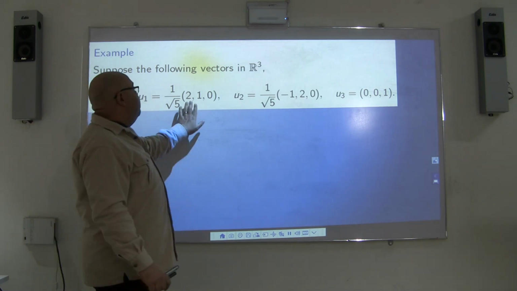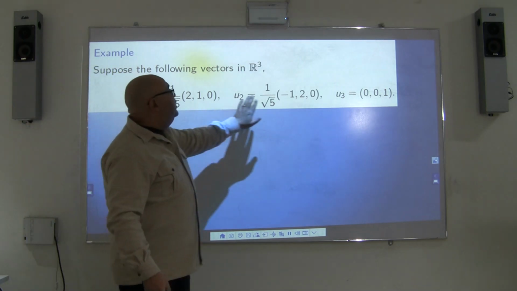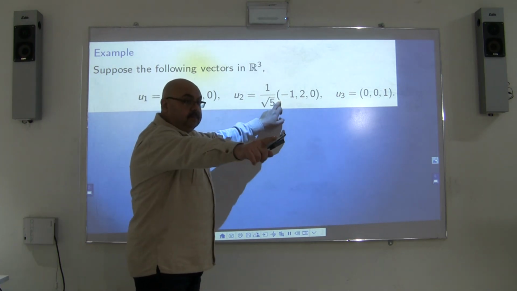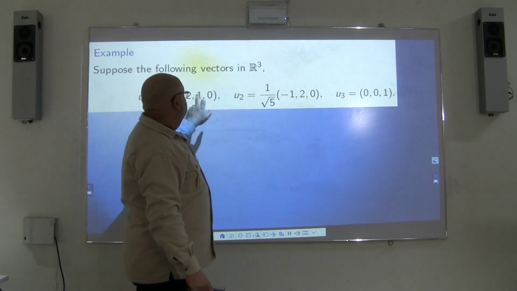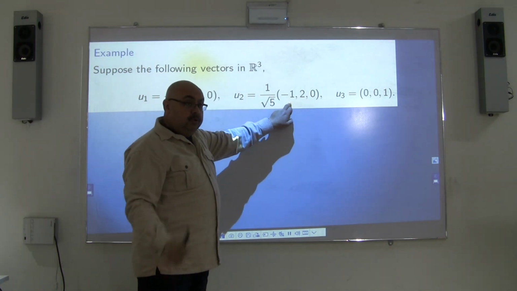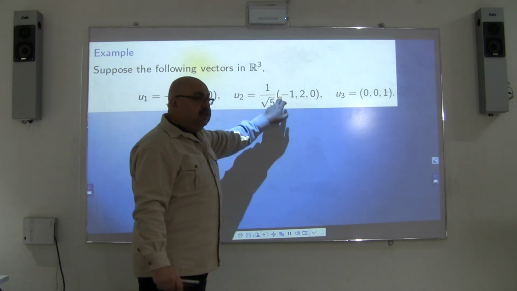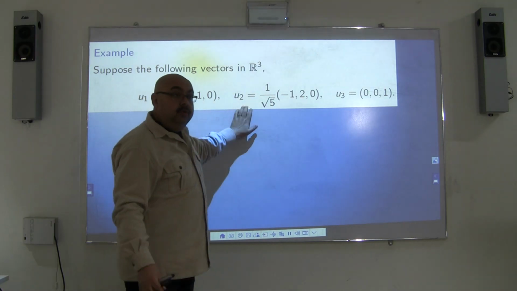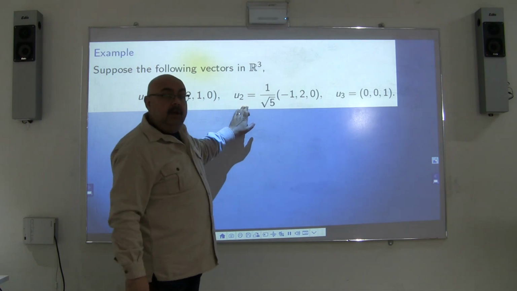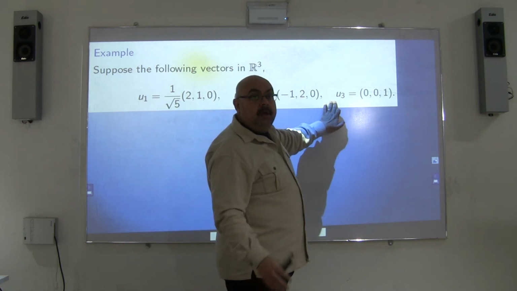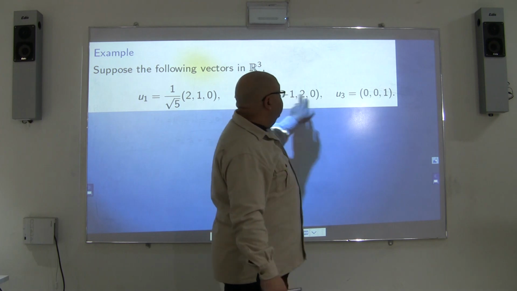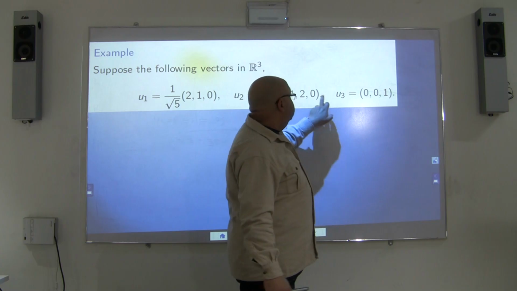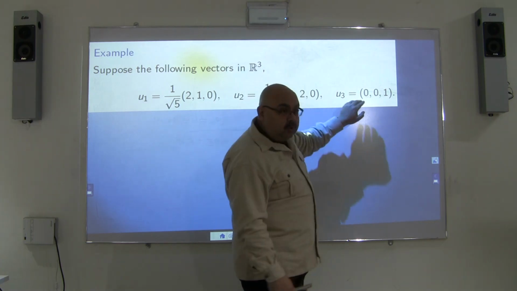So if I multiply the first vector times the second vector, 2 times negative 1 is negative 2, plus 1 times 2, the sum is 0. 0 times 0 is 0. So U1 is perpendicular, orthogonal, to U2. Perpendicular means orthogonal. Multiply U2 by U3. Negative 1 times 0 is 0. 2 times 0 is 0. 0 times 1 is 0. So U2 is orthogonal to U3.